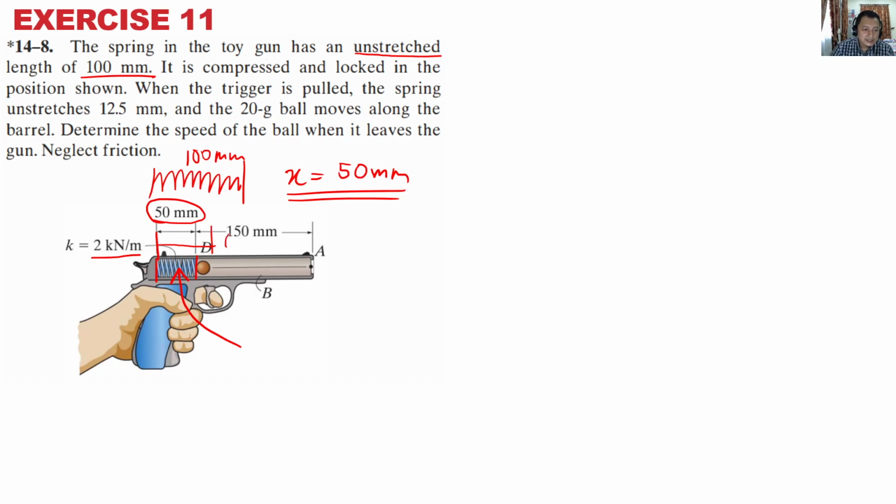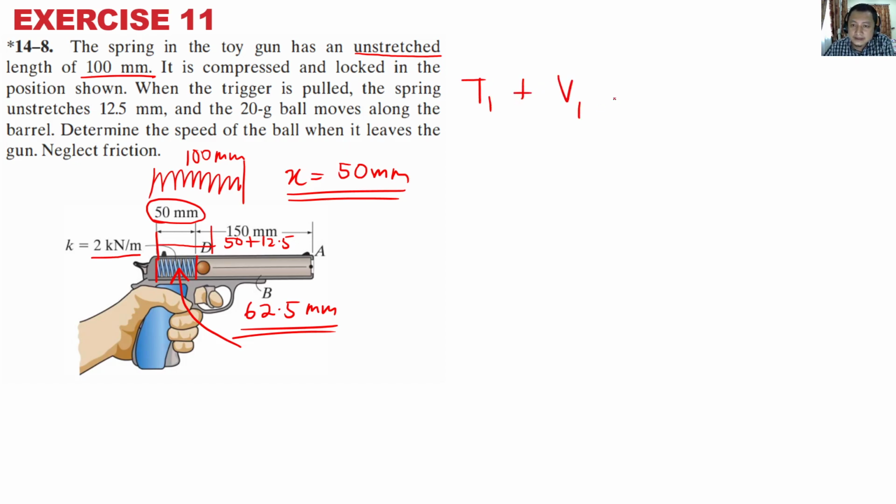Dia jadi 50 plus 12.5. So dia jadi 62.5 mm. Okay, this is a little confusing. Never mind. Let's solve it properly.